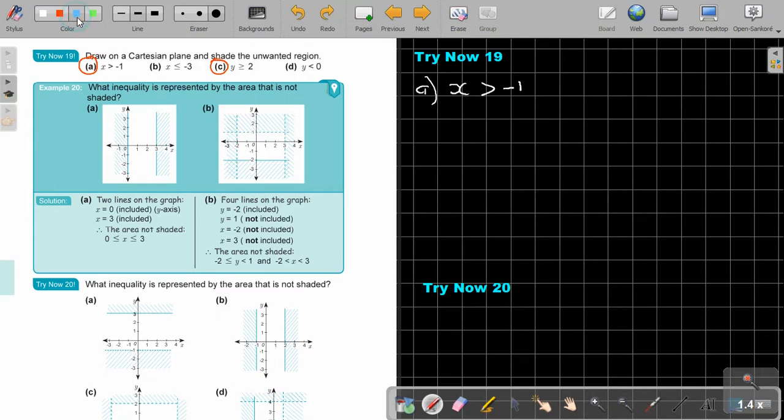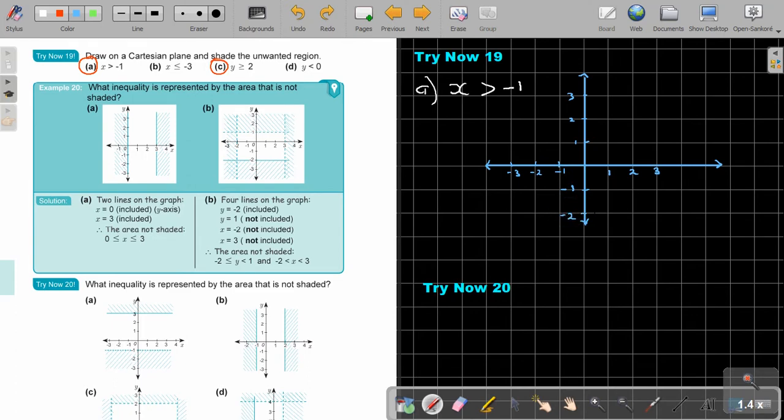So if I draw a line, this will be 1, 2, 3. This will be negative 1, negative 2, negative 3. This will be 1, 2, 3, negative 1, negative 2.